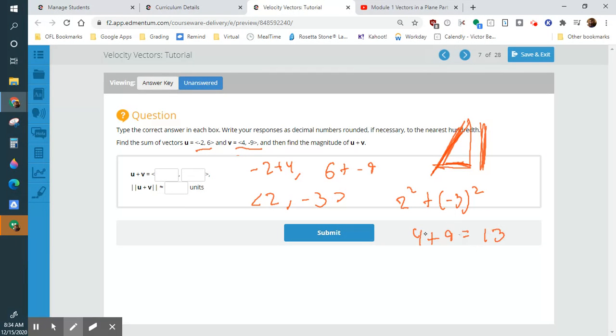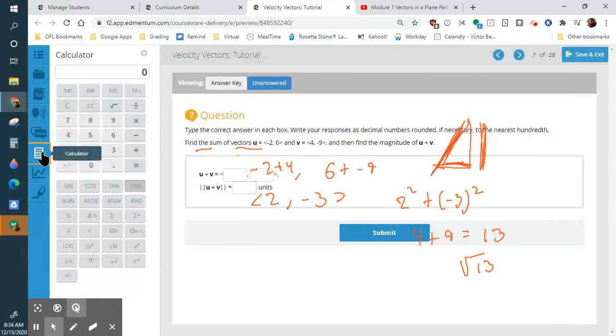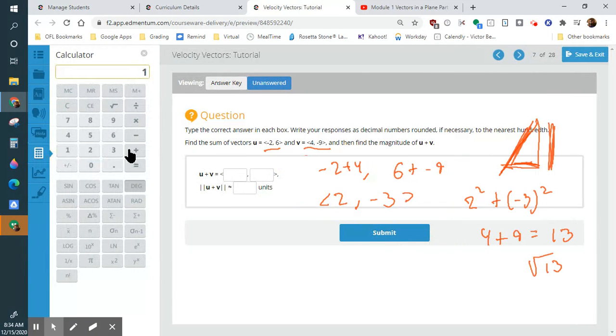So our answer should end up being the square root of 13, which we can't really solve exactly because it says approximately. So you're going to have to do 13 and hit the square root button. And that'll give you about 3.6. And this should be a 2 and a -3.